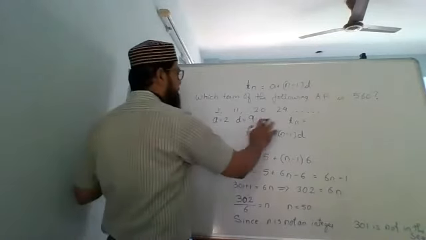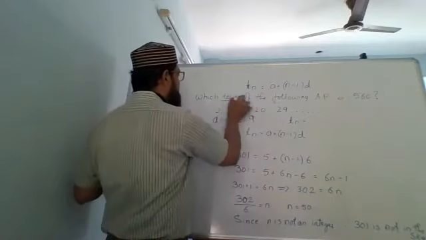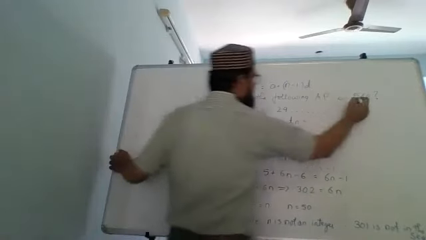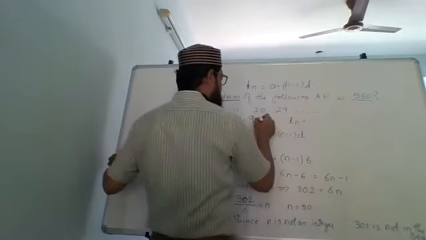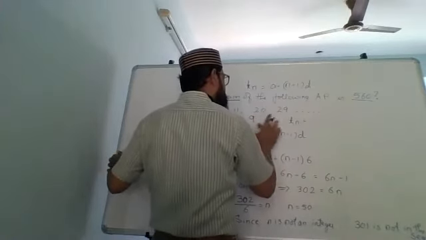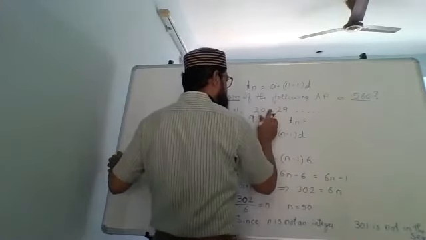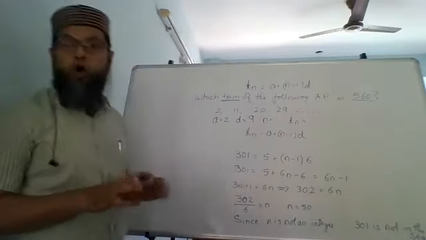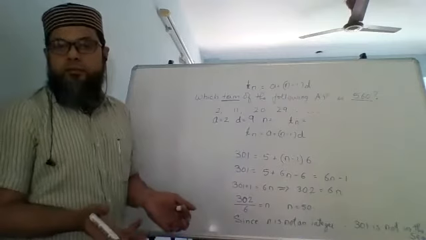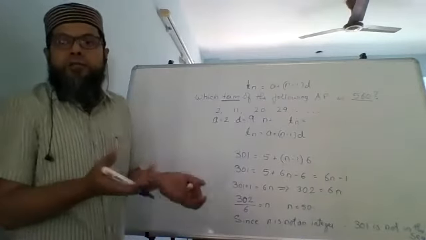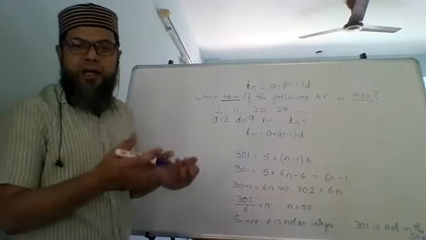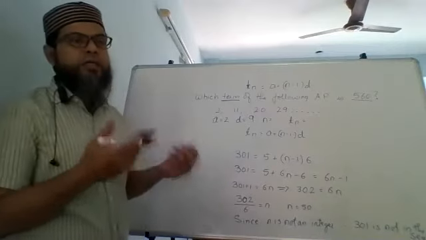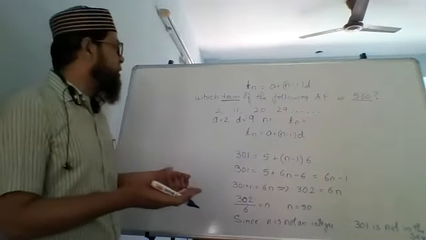This says which term is 560. That means 560 is a term. कौन सा term है? कुठला term आहे? Translate it into your mother tongue if you are finding it a little confusing.